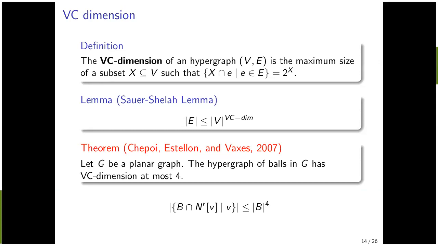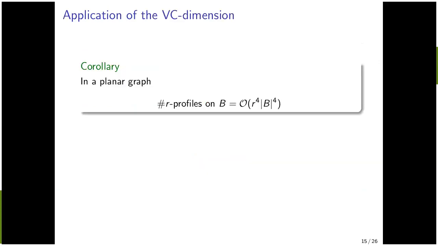And now we will use this to bound the number of profiles on a small set of size big O of R, because in a planar graph the number of profiles on the set B is always big O of R B to the 4th. And why is that? It's always the same reduction: we glue a path of length R on every vertex of B. Now, if I look at the intersection between this larger set and the ball of radius R, I can deduce the profile in the original graph. This is the same argument.